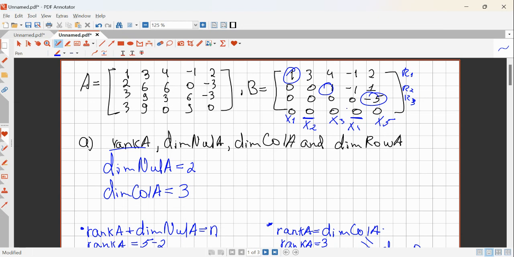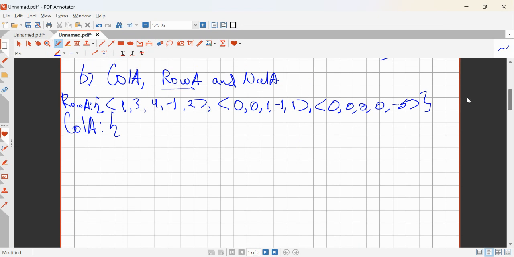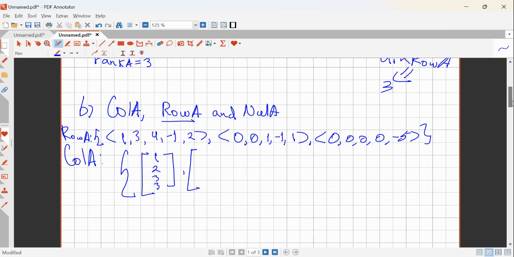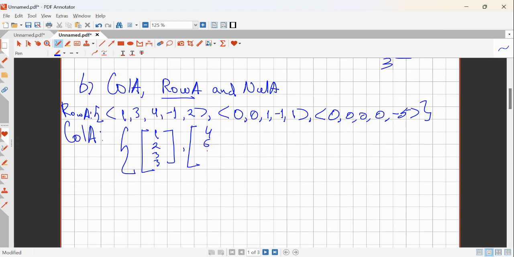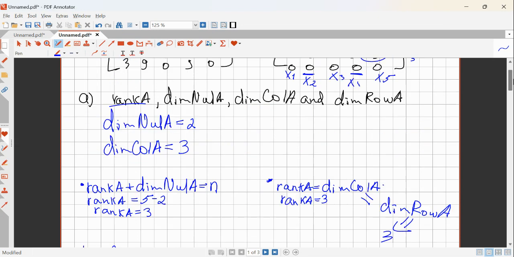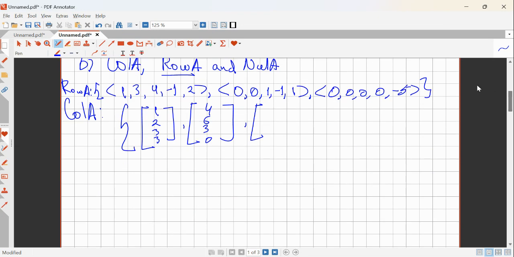But we have to write them in terms of matrix A. So it's going to be 1, 2, 3, 3, then 4, 6, 3, 0, and the last one is 2, minus 3, 0, with wider parentheses.